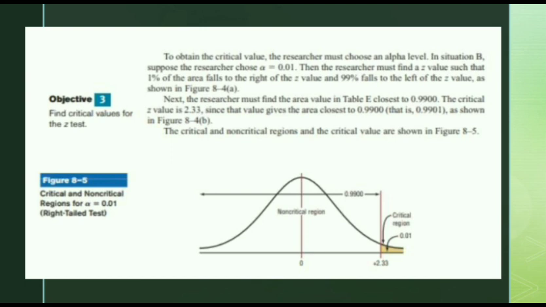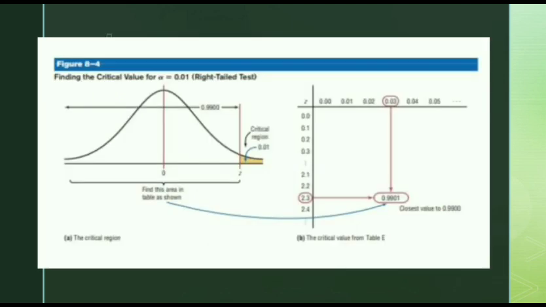Next, the researcher must find the area value in table A closest to 0.99, and the critical z value is 2.33. Balik ta sa table: from this 2.3, ihada yung sa babaw, x axis kay 0.03.